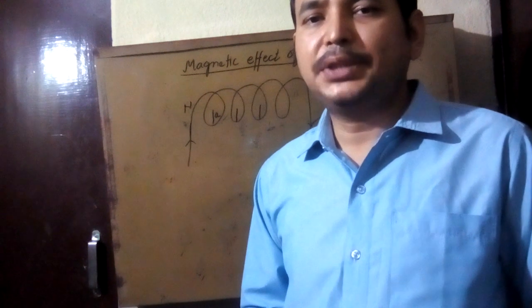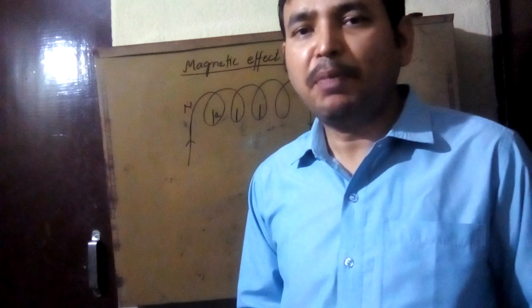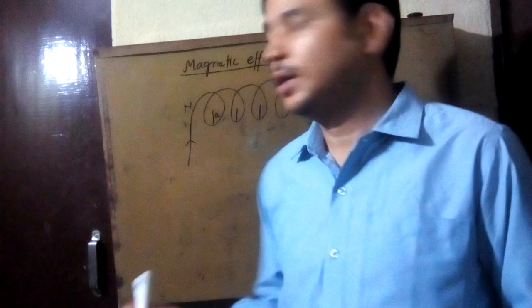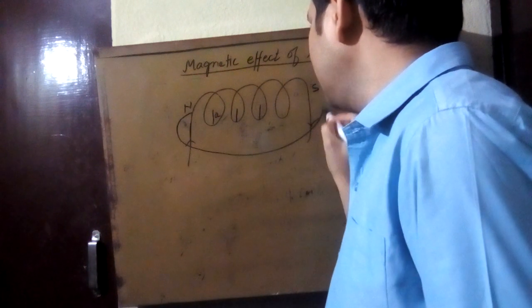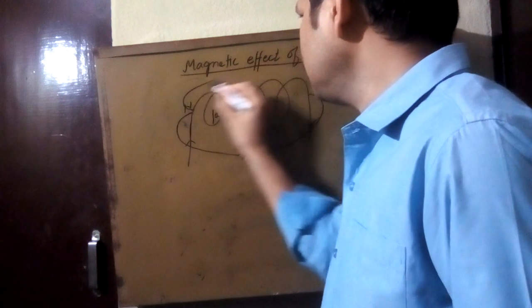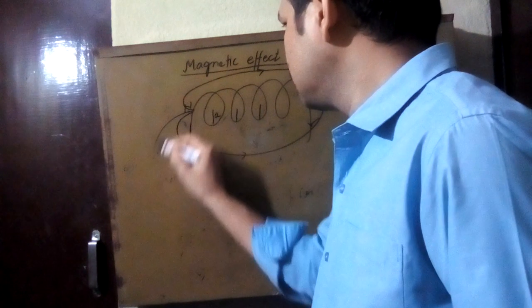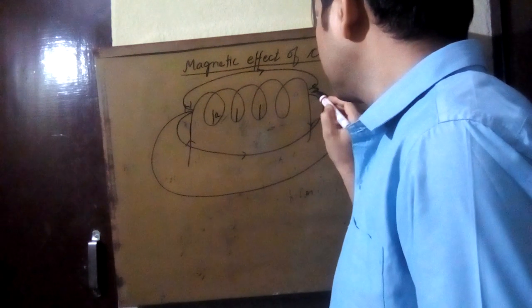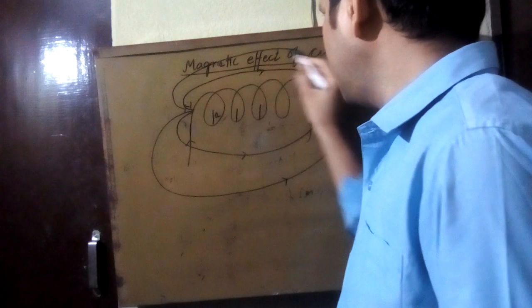When it behaves like a magnet, the magnetic field lines will also be the same as we have drawn for a magnet. Outside the magnet, they start from the north pole and end at the south pole, and the direction you have to practice at home.